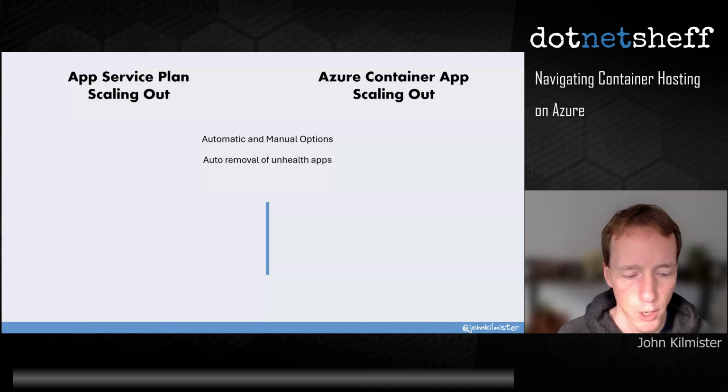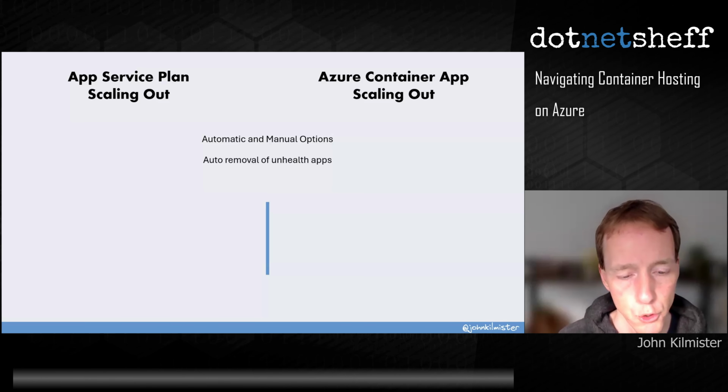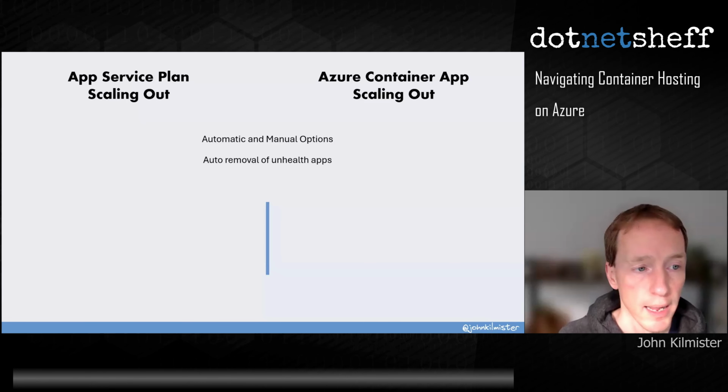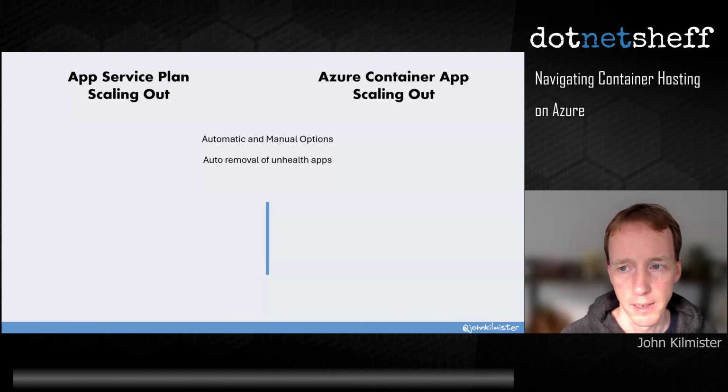I used to work at an e-commerce company, and when TV ads came on, the traffic to the website would surge to many multiples of a standard day. And being able to scale our app and only pay for the compute during that time was really beneficial. They also will remove unhealthy apps if they detect that, down to a certain level.